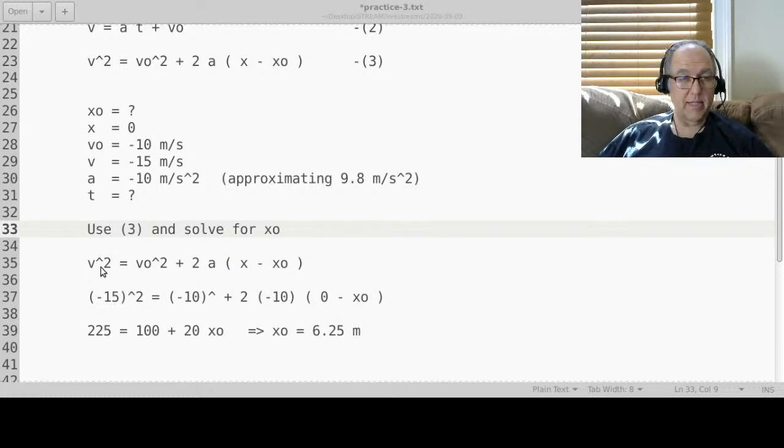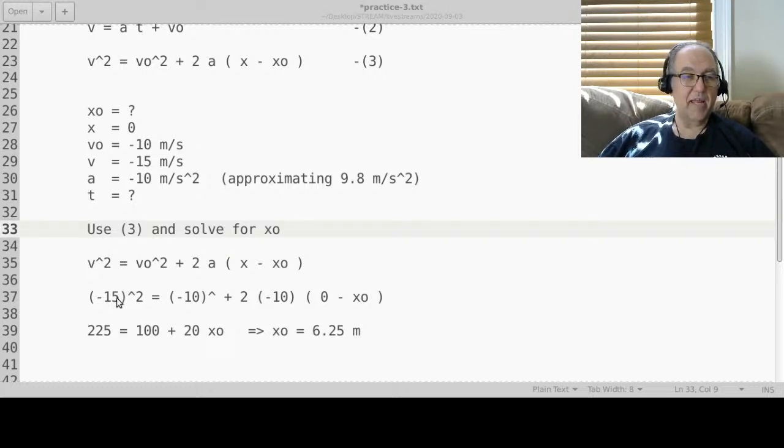I just rewrote it. That's v squared is equal to v naught squared plus 2a times x minus x naught. All right. And we can go ahead and substitute in. For v is the negative 15. Okay. And I'm not going to put the units in there because I made the problem easy in the sense that I just gave you all the values in MKS units. Okay.